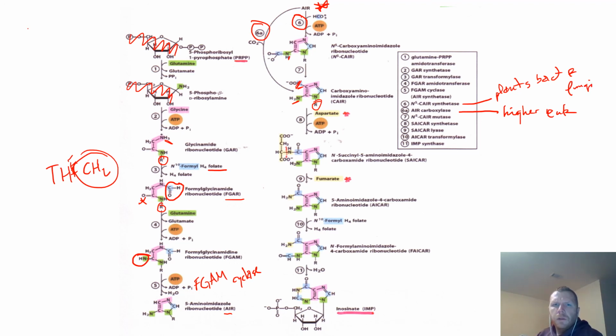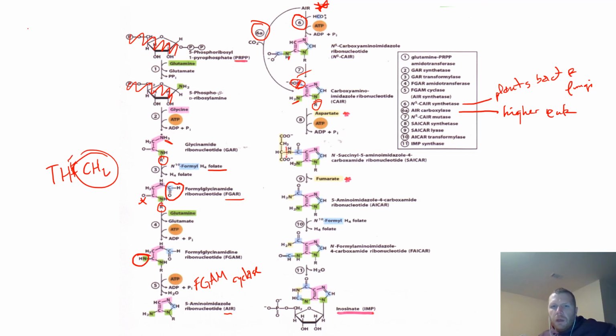They add that carbon dioxide, but then they have to use N5-CAIR mutase to move it to that position that's further from your sugar. Higher eukaryotes can just add CO2 directly in that position, so they bypass that mutase step.